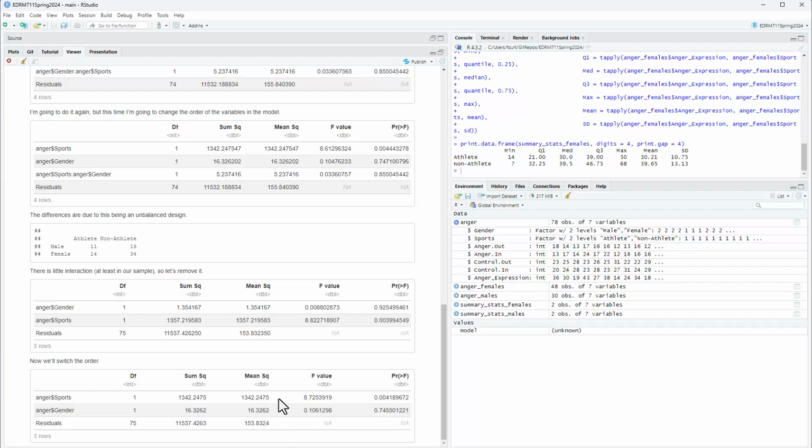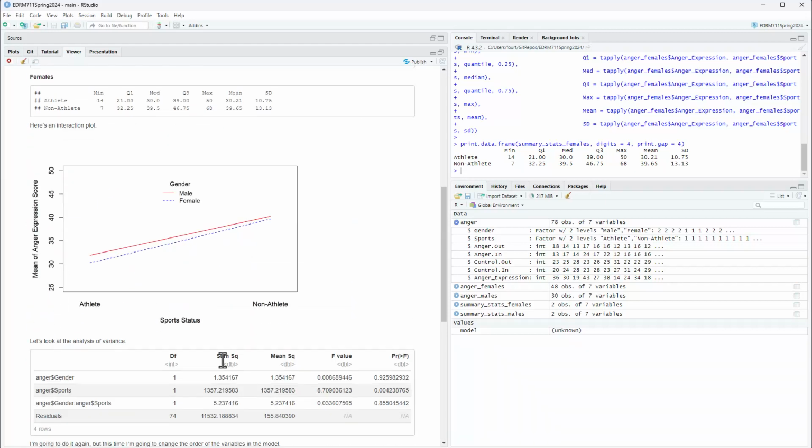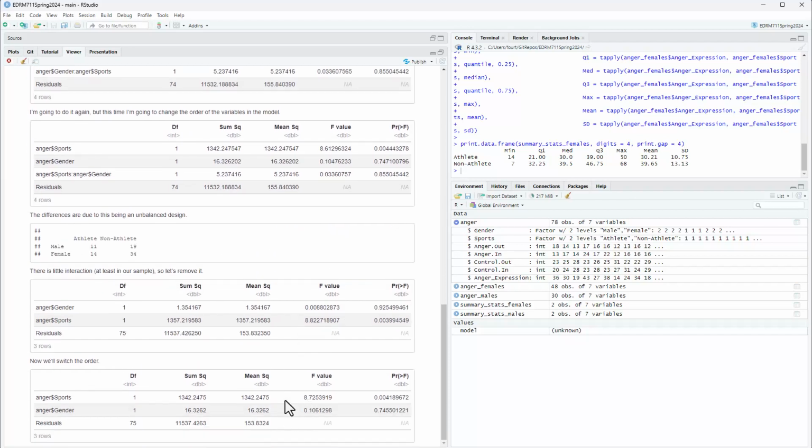What would my final conclusions here be? My final conclusion would be that I do not have interaction in this study. I can infer that there is a difference here between athlete and non-athlete, and if I want to make that inference and report a p-value, I'm going to report this one that is 0.00399, or about 0.004.